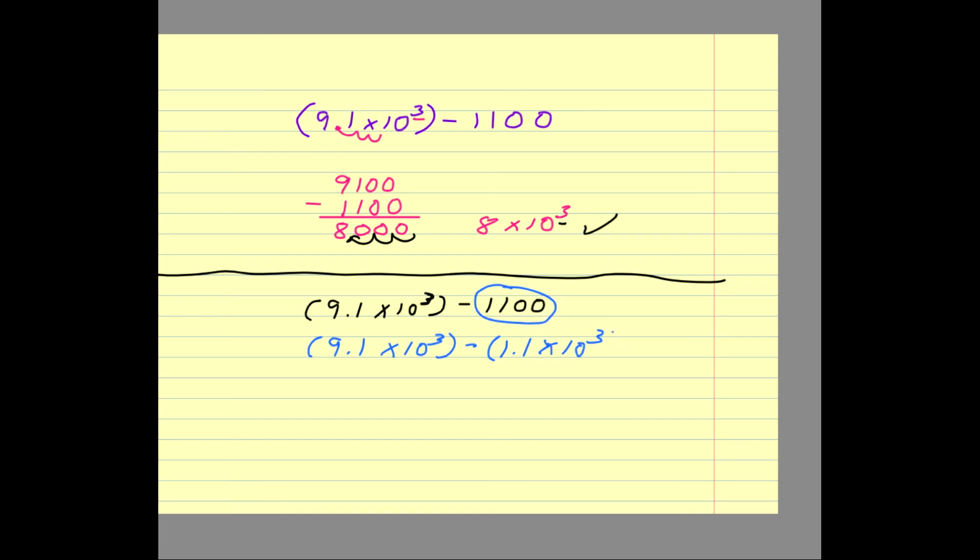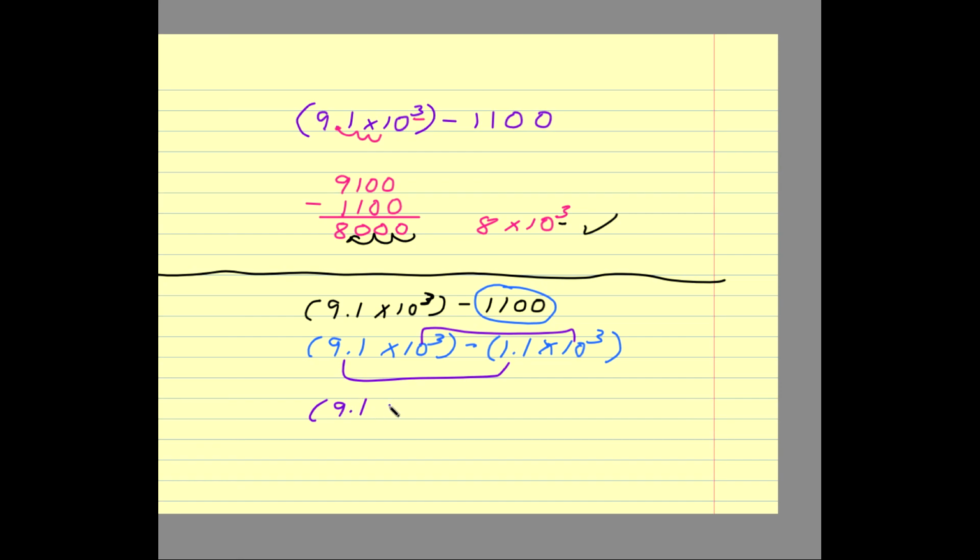Yep, 3 to the third. I had to make sure we were right. Guess what? My exponents already match. Therefore, I can do this. I can put these two numbers in their own parentheses, and then the 10 to the third will be together. That's already the same. So watch what I do.